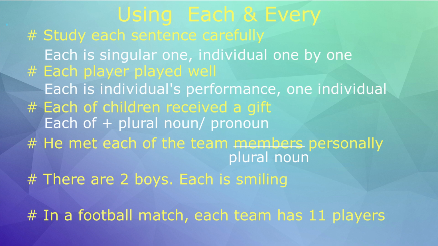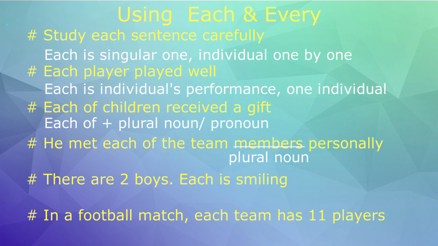Because there are so many team members, so you're saying each of them personally. Alright, so out of many, each of them. So one by one he met each of them personally. So do remember this. You can use each of followed by a plural noun or a pronoun. I can also say he met each of them personally.